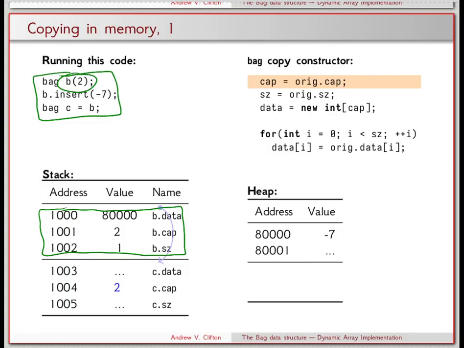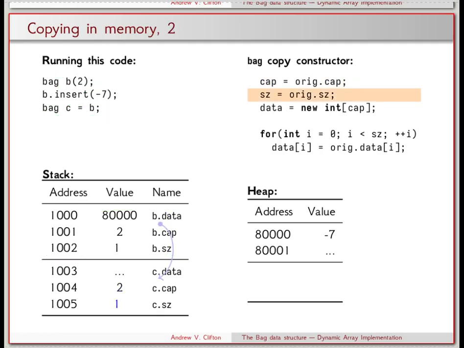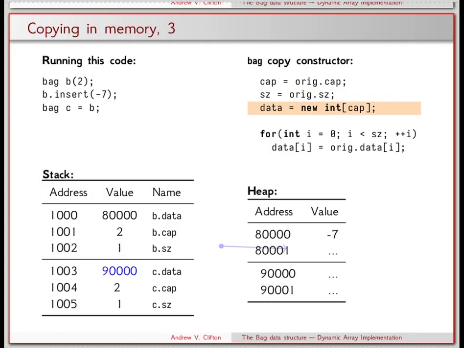Then we're going to copy that down here into C. We copy this capacity into there, that's a regular one. Then we copy this size down into there. No change about that.